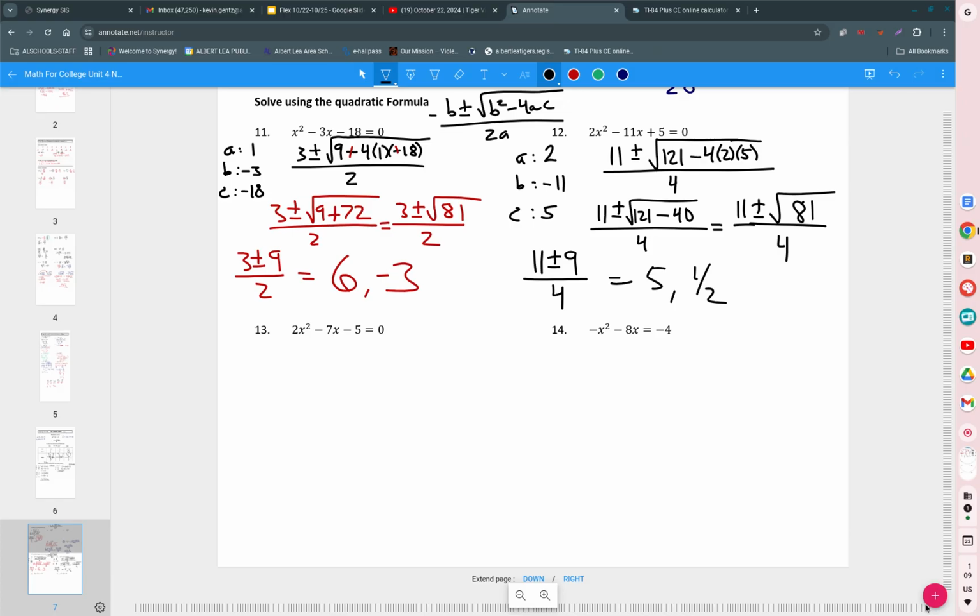What I want you to focus on right now on these 6 problems is problem 3 and 5. For right now, please do problems 3 and 5.